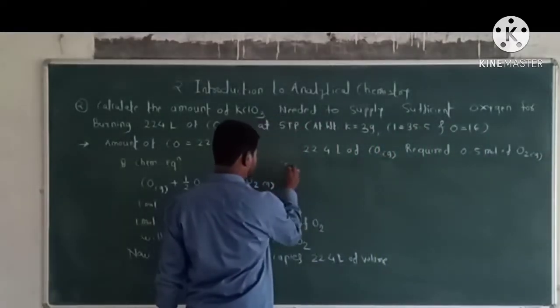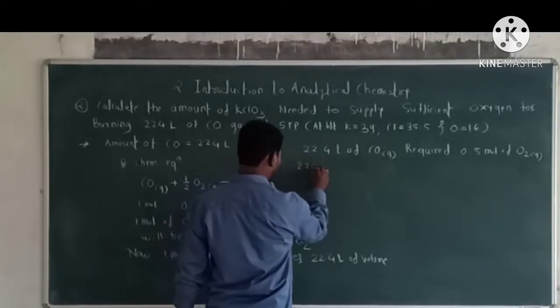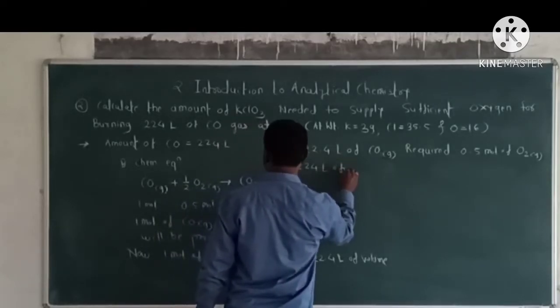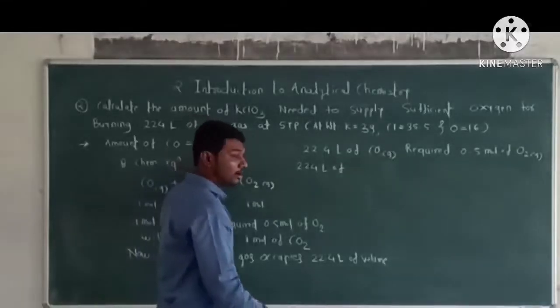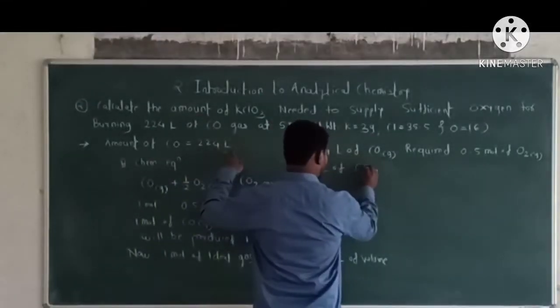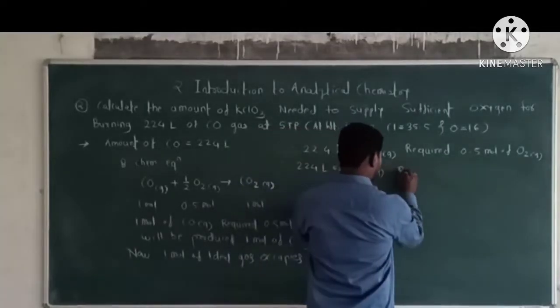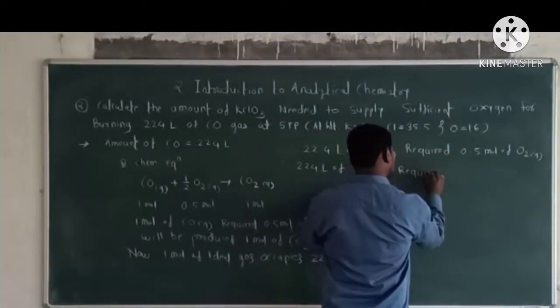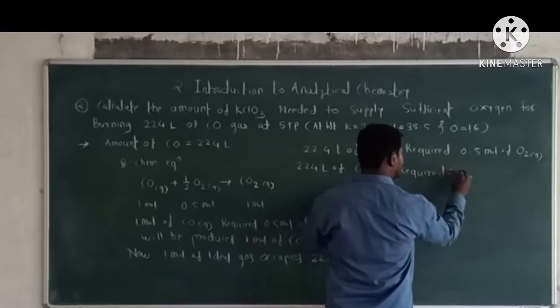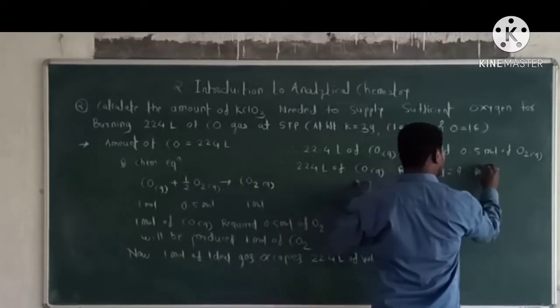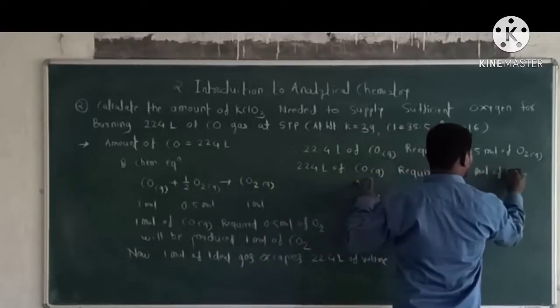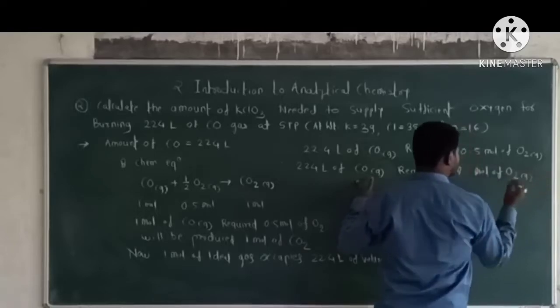Therefore, 2.4 liters of gaseous carbon monoxide requires how many moles of gaseous oxygen?